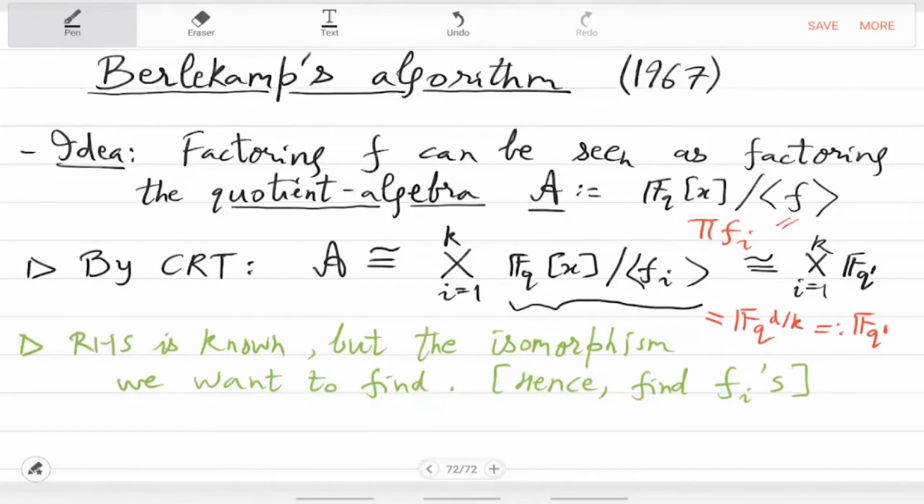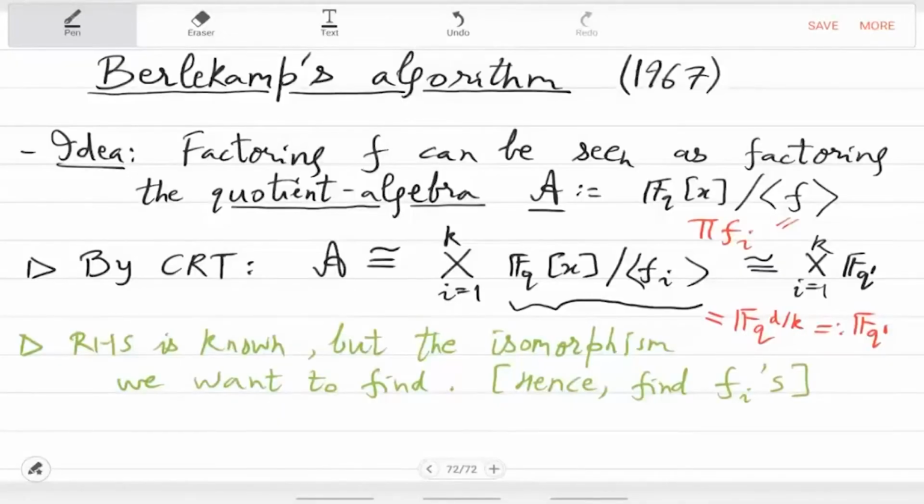You don't know how to map Fq prime to that thing Fq[x] mod fi, because you don't know fi. So when I say RHS is known, it's only the last thing. With the abstract finite field, you know the structure, but you don't know how it is being realized in the current input situation. That you have to find. Any questions at this point? So any ideas, using this quotient algebra, how will you find the factors f1, f2, dot dot fk?